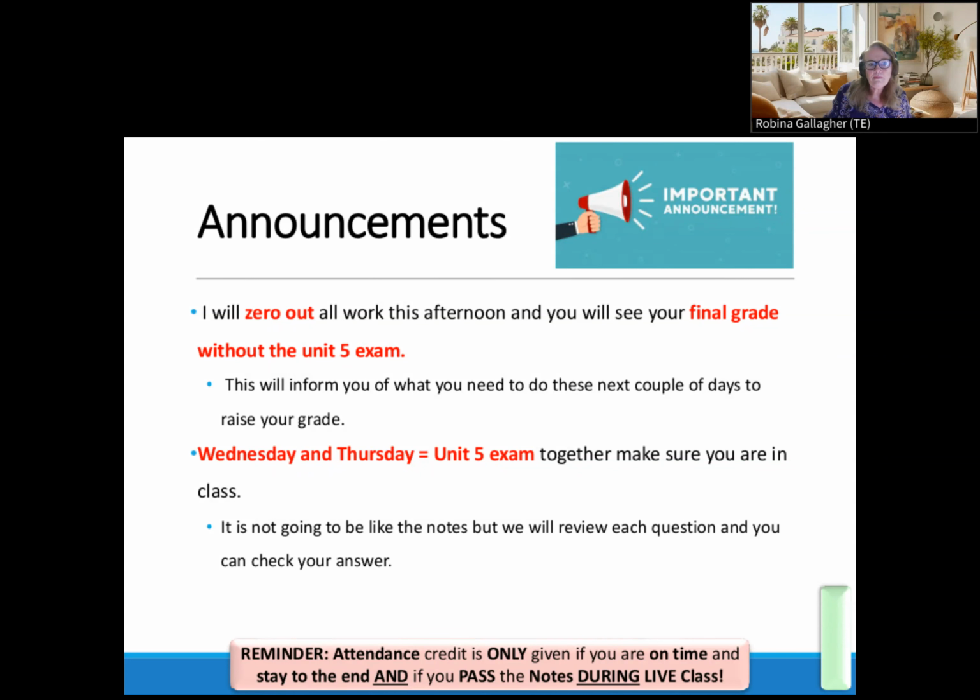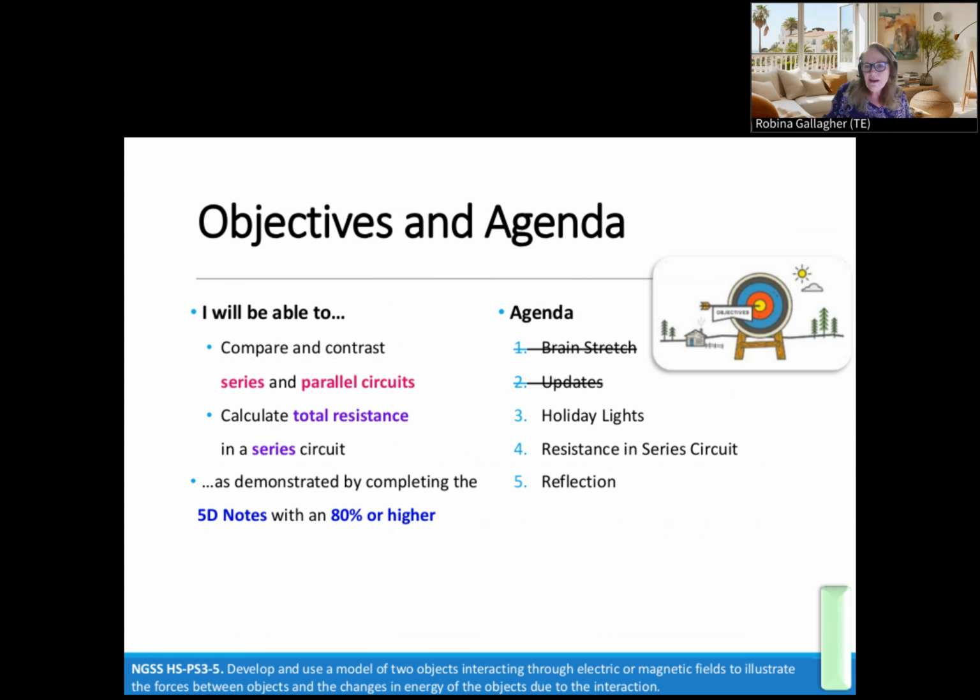So today we're going to talk more about series and parallel circuits, and then we're going to be able to calculate the total resistance in a series circuit.